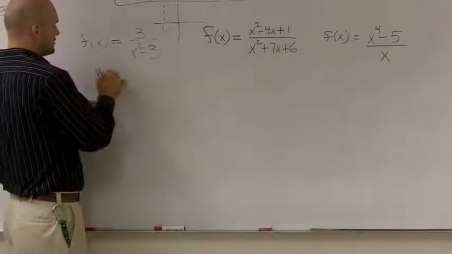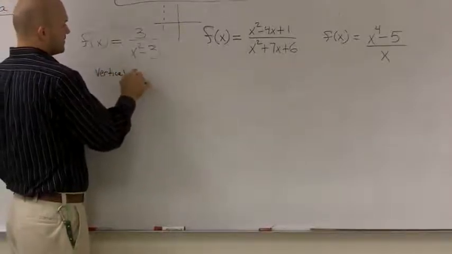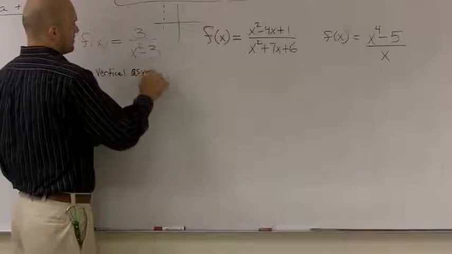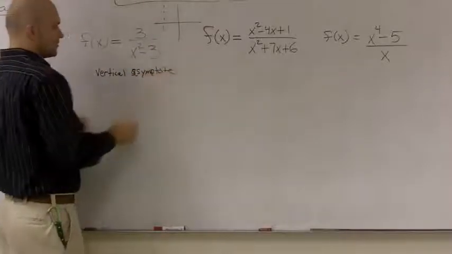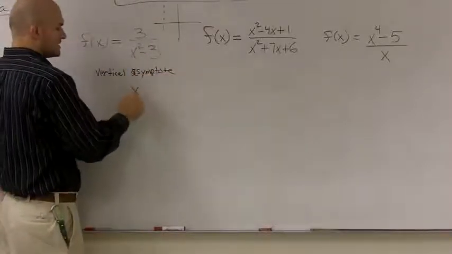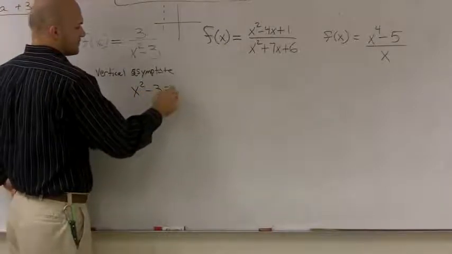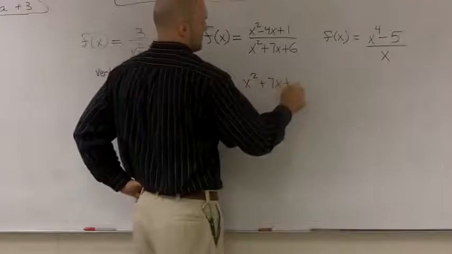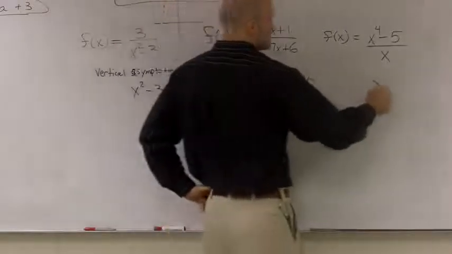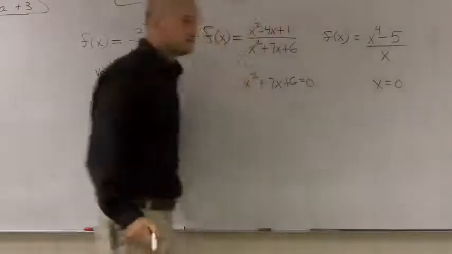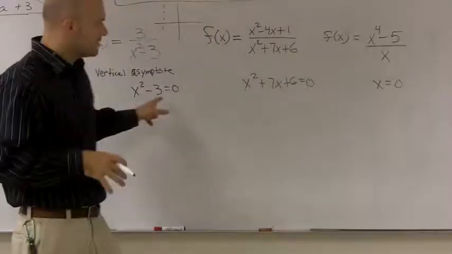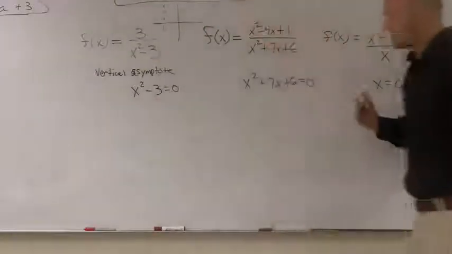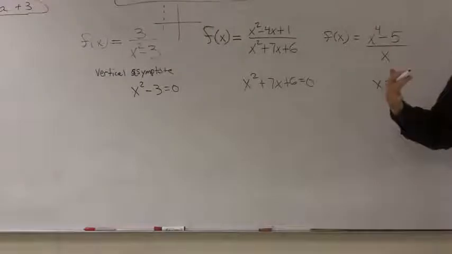So when I want to find my vertical asymptote, I'm going to set the bottom equal to 0 for each problem. This is very similar to finding the domain, because whatever values make it 0 are not part of my domain.